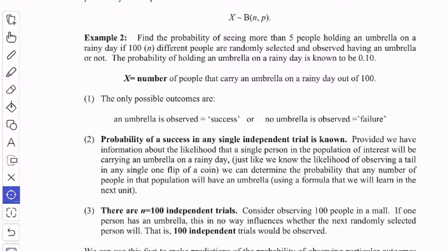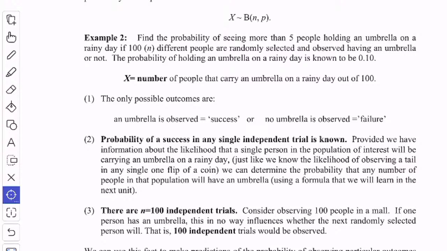Observing over time, we might have the information that the chance of a person holding an umbrella on a rainy day is 10%, and we want to estimate the chance of seeing more than 5 people having an umbrella. You can imagine there's lots of questions, but I've framed it this way, okay?